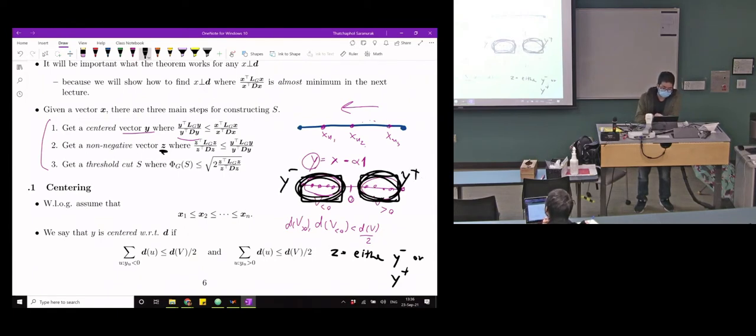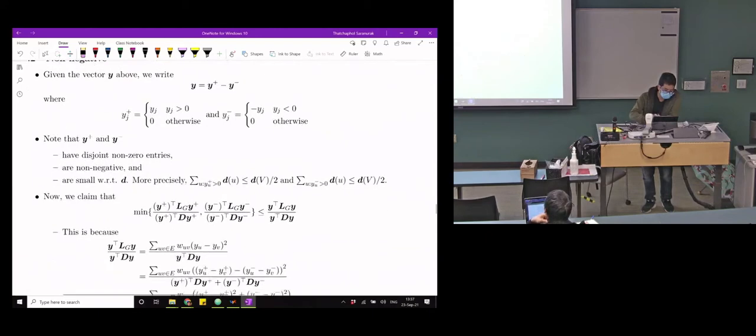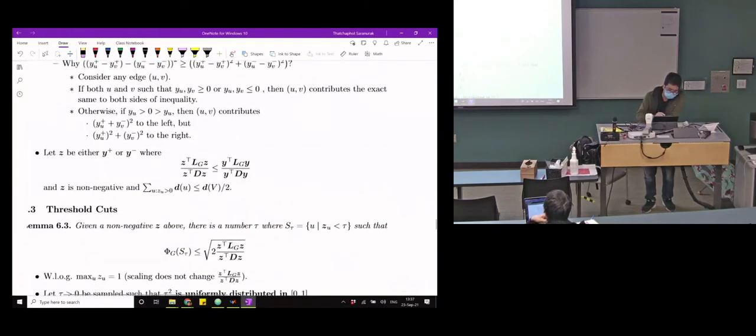One of them will be such that the ratio is not increasing. So what we have until now is a vector that is non-negative, and the sum of the degrees of the non-zero entries is on the smaller side, not more than half.